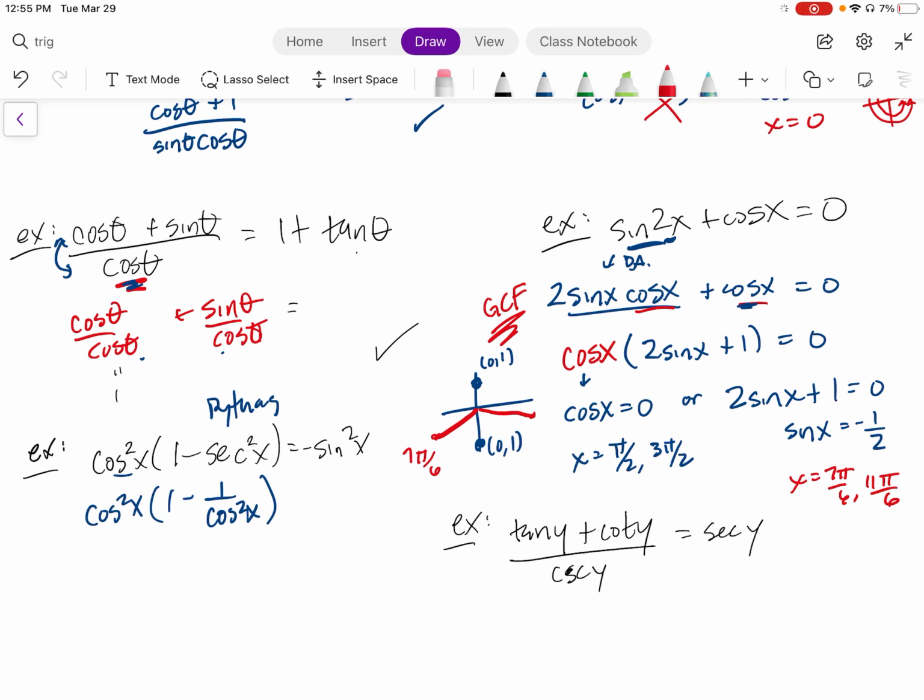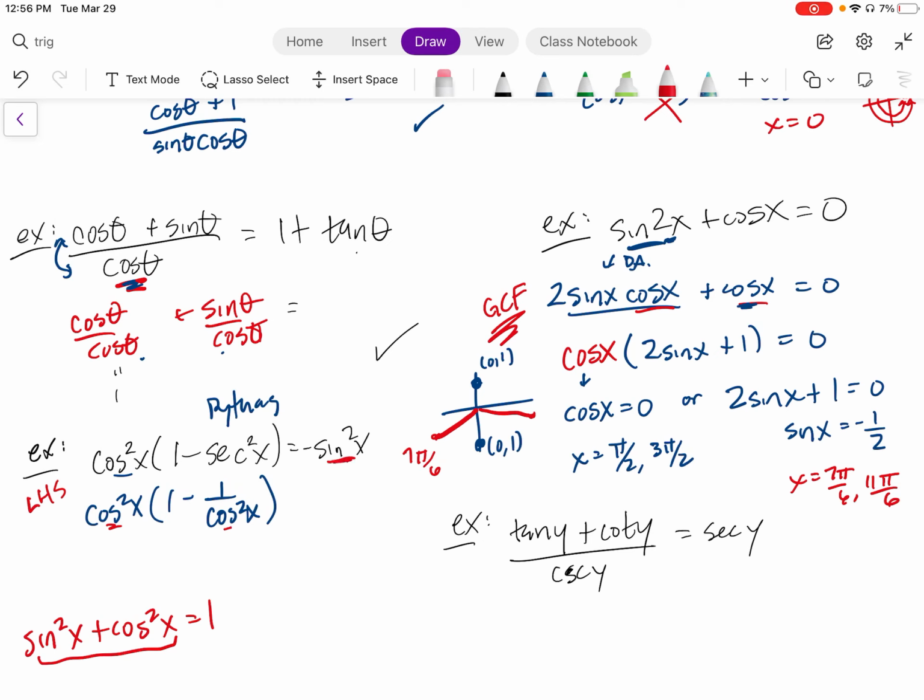Now, one other thing, you don't always have this, right? You don't always have sine squared plus cosine squared. For instance, now on the left-hand side, I see all cosine squareds, right? So why not manipulate this one to cosine squared?